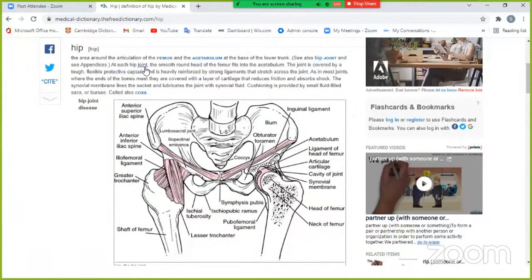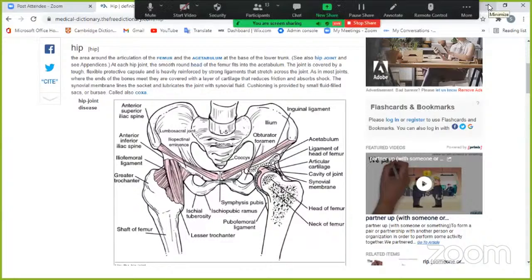At each hip joint, try to understand. So is it one or more? You have to think about that. Correct or not? Yes, sir. Is that clear for you? That is your point.